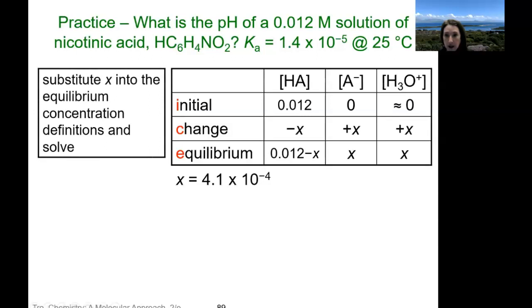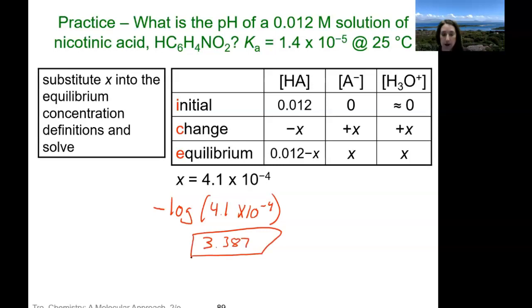So now all we need to do is take the negative log of 4.1 times 10 to the negative 4. And that is 3.387. That is our pH. So a couple of things.